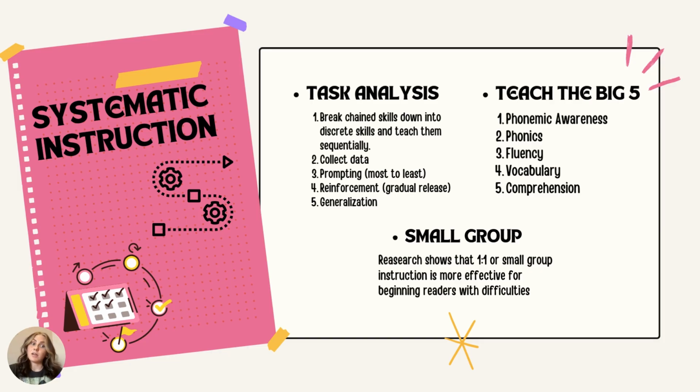And as that skill becomes a little bit more automatic for them, you can give a little bit less reinforcement, maybe once every 3 times that they get it correct, and so on. And then the last part of task analysis is generalization of that skill. We want students to not only use it in the classroom, but at recess, at home, in the community, and everywhere else.